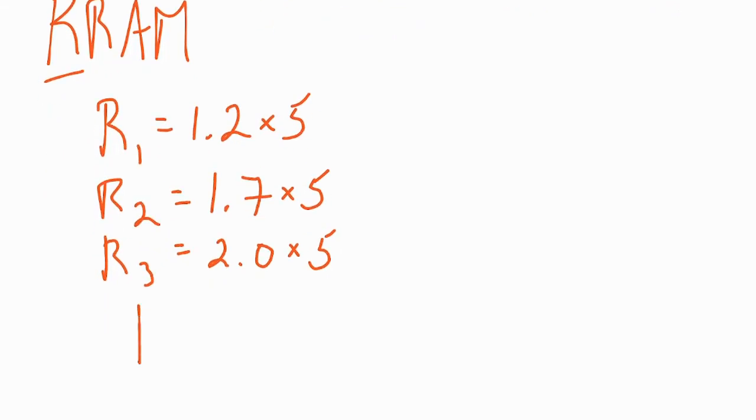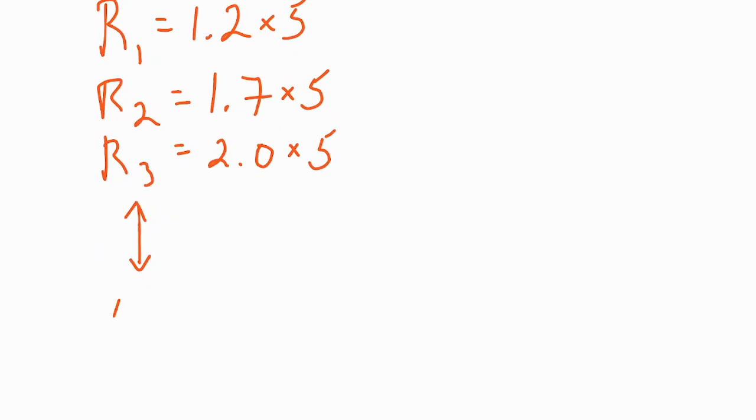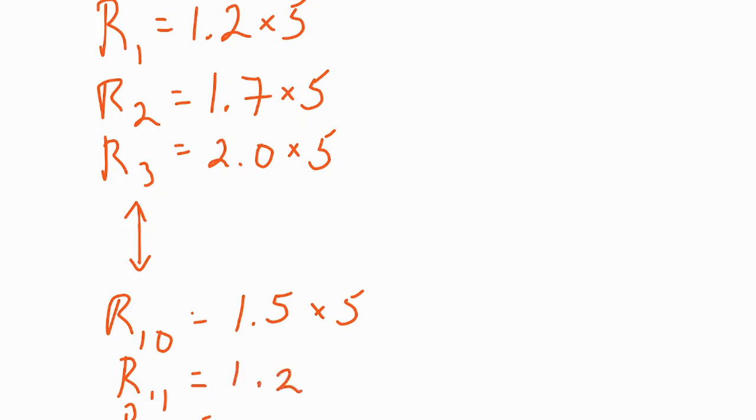I'm going to have all the ones in between here, but ending with 10, 11, 12, which is going to be 1.8. That is not correct. Sorry, I should have looked back up at the screen. It's 1.5, and then 1.2, and then 0.